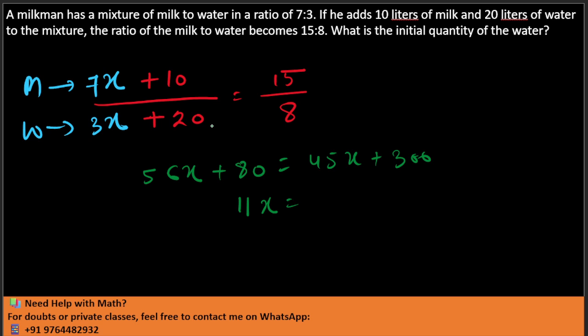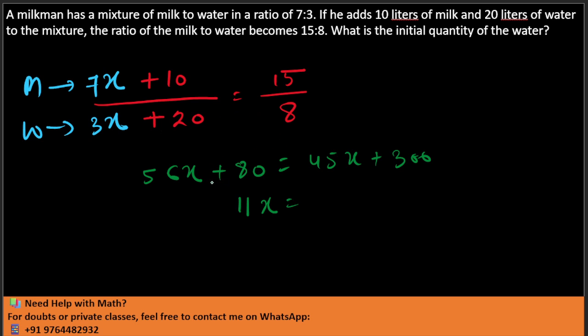Well, let me check once. So 7x plus 10 and 3x plus 20, and we have 15 upon 8. All right, and then 8 sevens are 56, and 80 and 45 and 300.